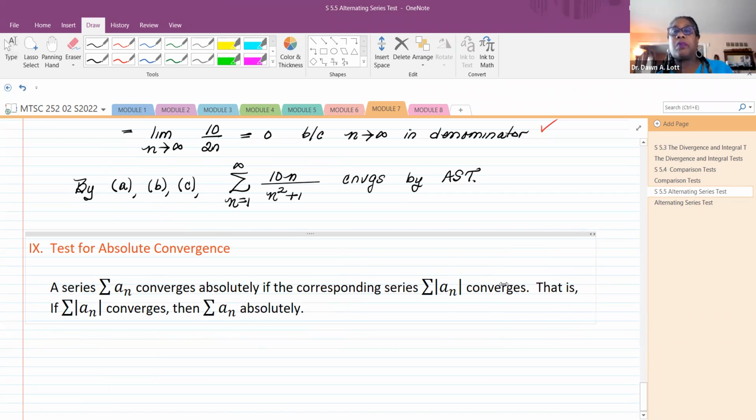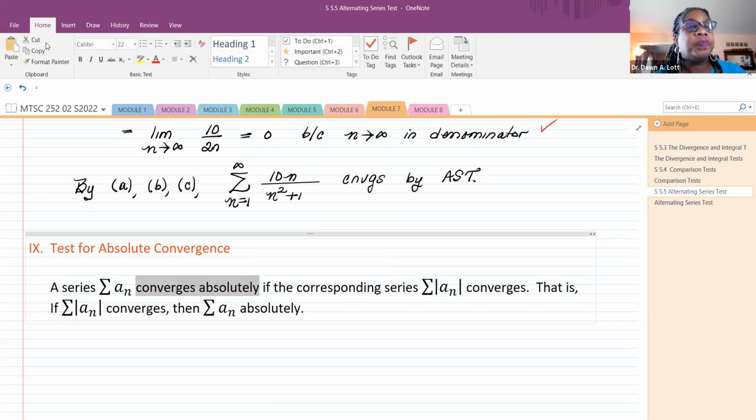This test says a series summation an converges absolutely if the corresponding series of absolute values converges.